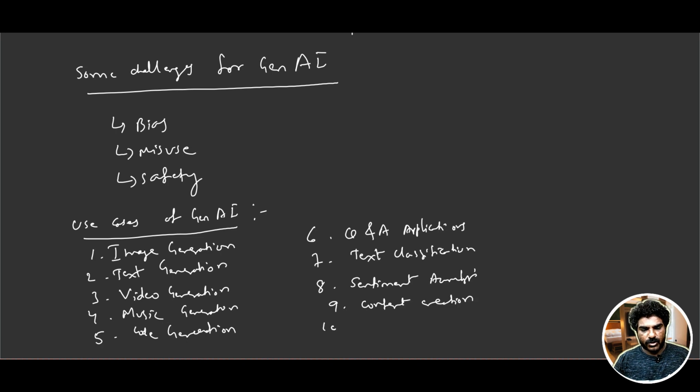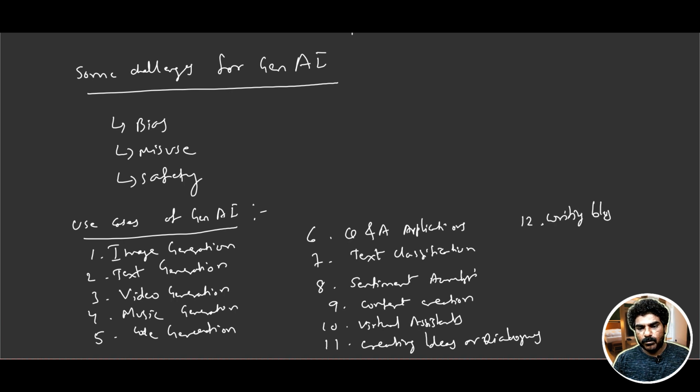You can use it for creating virtual assistants, creating ideas or dialogues, and for writing blog posts, emails, scripts, or articles. So guys, these are a few of the use cases of generative AI.